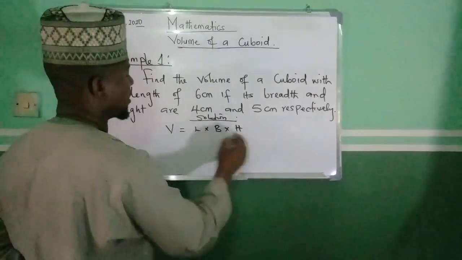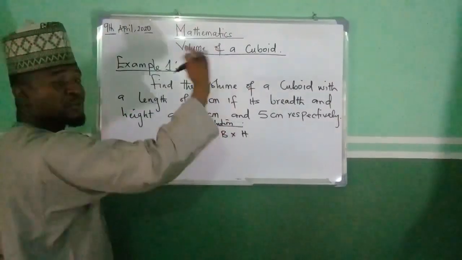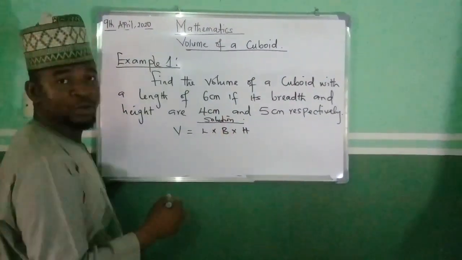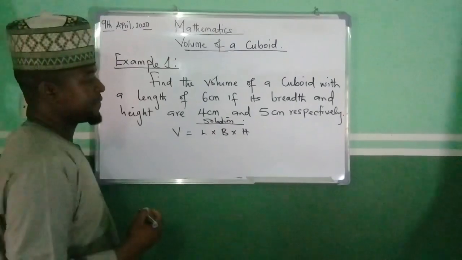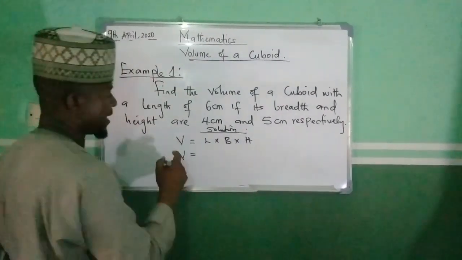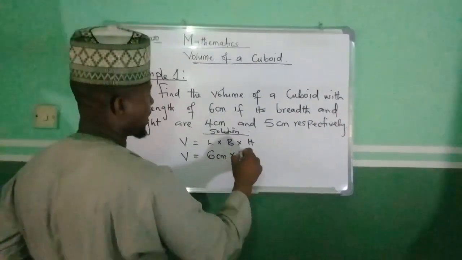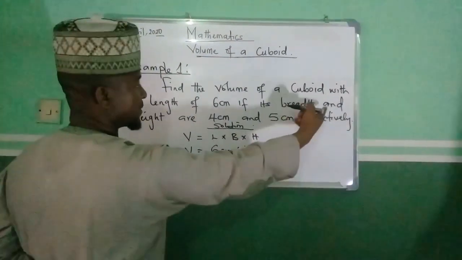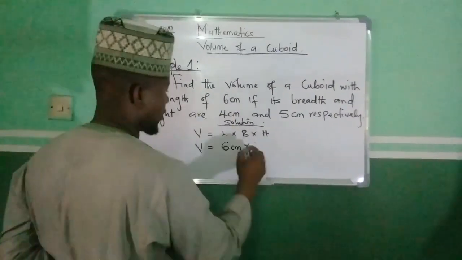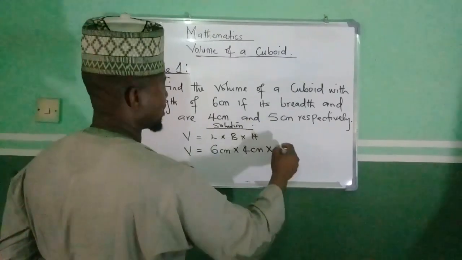If you look at all the contents here, they are obtainable in the question. Therefore, we substitute directly from the question into this formula to enable us find the volume of this shape. So the volume will hence be 6 centimeters multiplied by what? The breadth, right? Which is what? 4 centimeters.